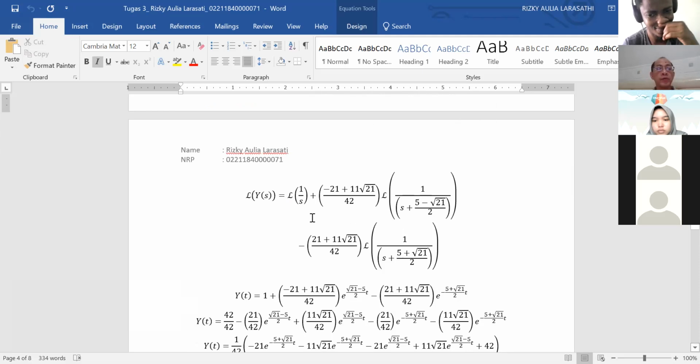And then the Laplace inverse of Y(s) equals Laplace inverse of 1 per s, plus (minus 21 plus 11 square root of 21) per 42 times Laplace inverse of 1 per (s plus 5 minus square root of 21 per 2), minus (21 plus 11 square root of 21) per 42 times 1 per (s plus 5 plus square root of 21 per 2).